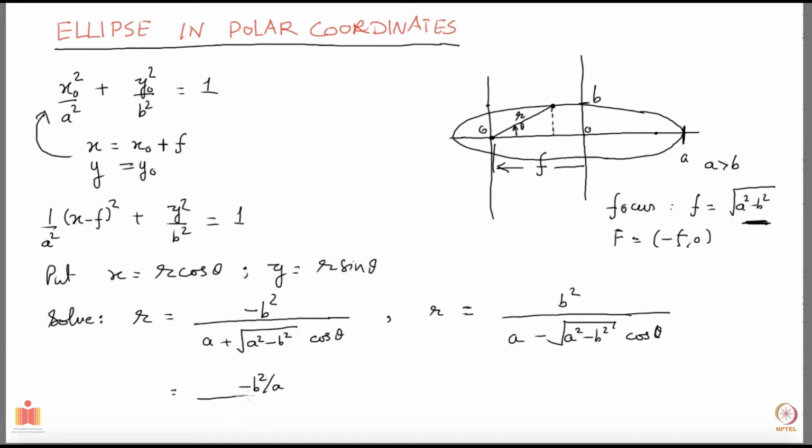I'll define epsilon right away, and here you get b squared over a divided by 1 minus epsilon cos theta, where epsilon is the square root of 1 minus b squared over a squared. And it is called eccentricity.